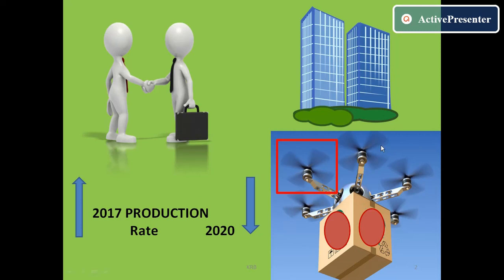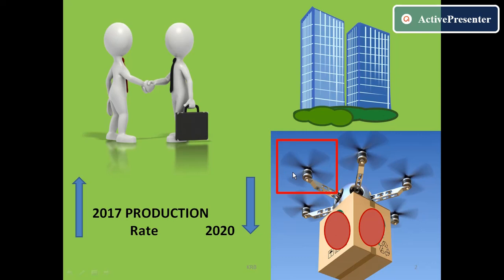When the product was developed, say in 2017, the production rate was the highest, whereas it has been degrading, and in 2020 it was the lowest. It was seen that the drone produced in the company was having a problem in its blades.